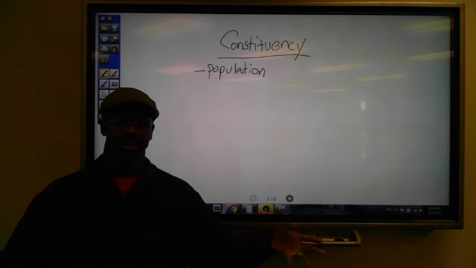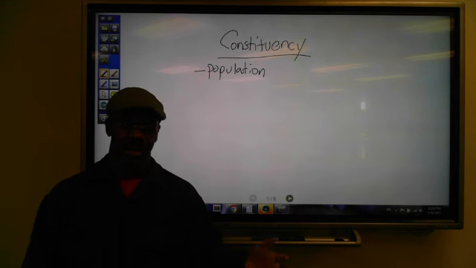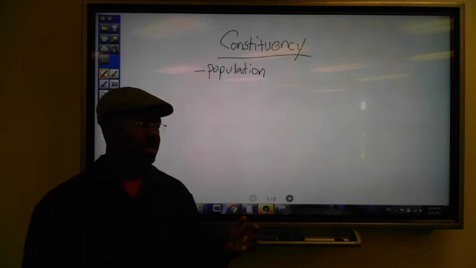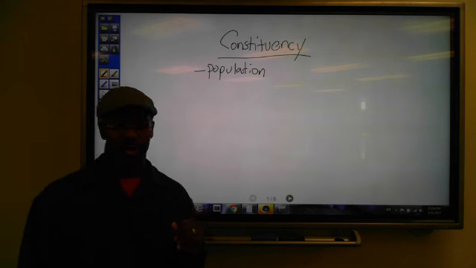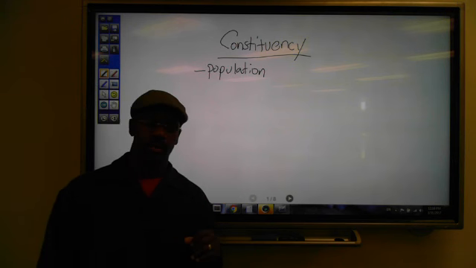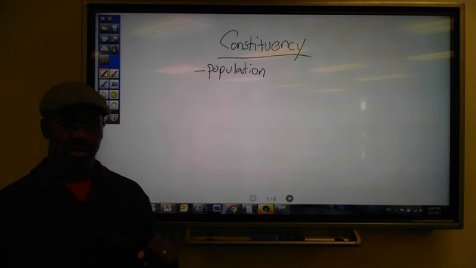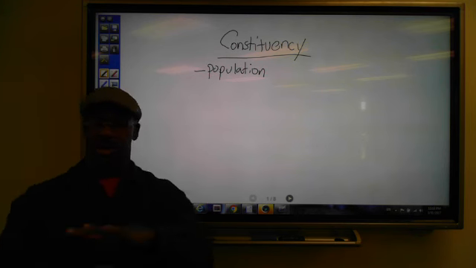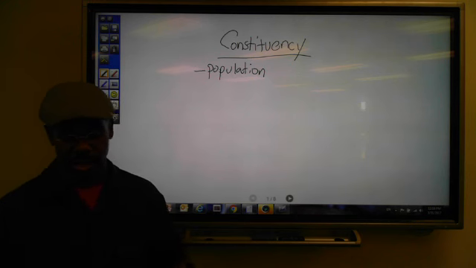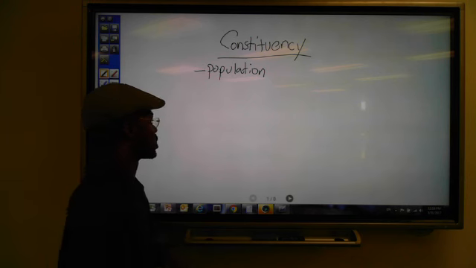So every resident of the United States, every citizen at the very least, is a constituent of Donald Trump. Getting even more granular, justice of the peace. Every resident of that district that is served by that justice of the peace is a constituent of that justice of the peace. So that whole population, kids to the most aged, everyone is in that constituency.